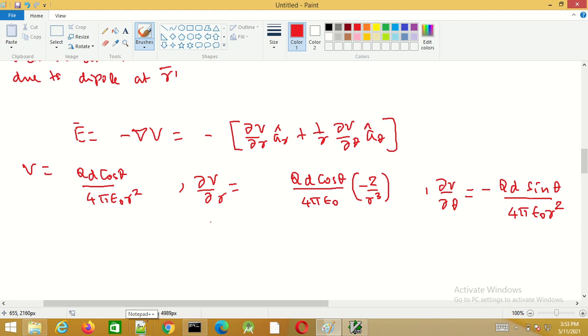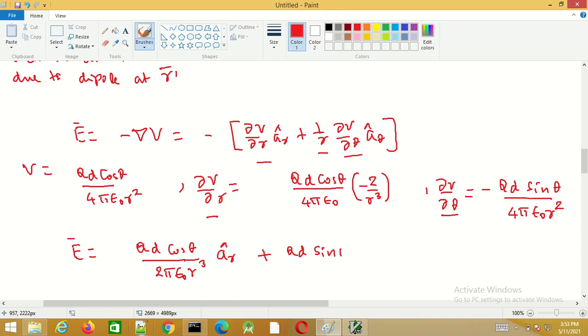Therefore, by substituting dou V by dou R and dou V by dou theta in this expression, we will get the electric field as QD cos theta by 2 pi epsilon naught R cube AR plus QD sin theta by 4 pi epsilon naught R cube A theta, because 1 by R into 1 by R square is 1 by R cube.